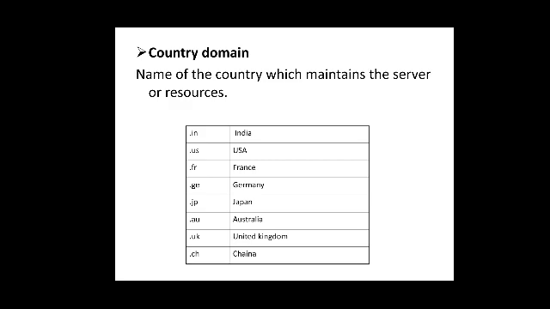So if a server is present in Australia, the extension of that domain name will be .au, and similarly UK, China. Each country has its own domain name.